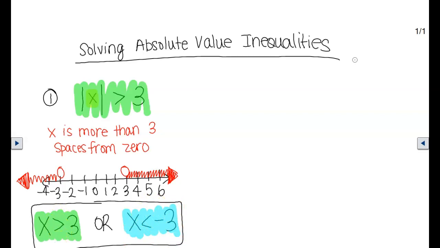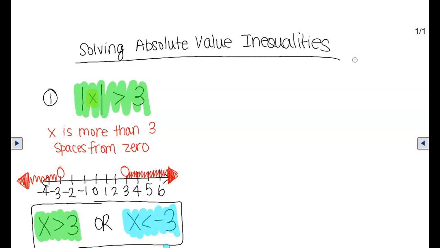Greater than has switched to less than, so the inequality sign has flipped, and positive 3 has been turned into negative 3. So your positive case should be just like your problem, with the exception that absolute value bars are removed. And then when you do your negative case, you're going to do two things. You're going to flip the inequality sign, and then make this positive number a negative.